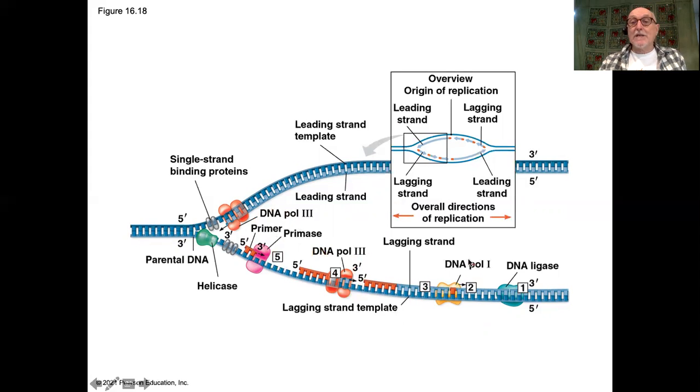Then DNA polymerase 1 comes in, eats out the RNA primers and replaces those bases with DNA. And finally, DNA ligase links the whole lot together into a continuous strand. And what do we end up with? Where we had one parental strand, we now have half parental, half new, and we have replicated the parental strand.